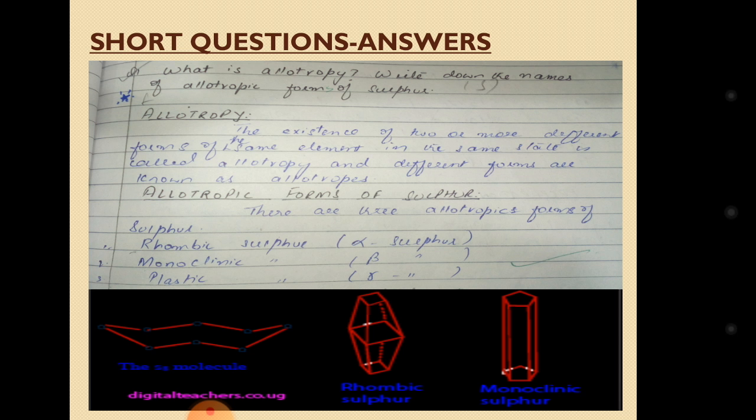As we read before, carbon has three different allotropic forms in nature: diamond, graphite, and fullerenes. Similarly, sulfur has three different forms: rhombic sulfur, which is also called alpha sulfur, monoclinic sulfur, which is called beta sulfur, and plastic sulfur, which is also called gamma sulfur.